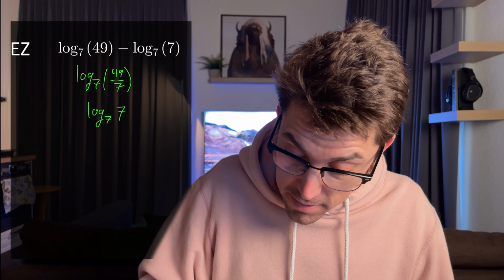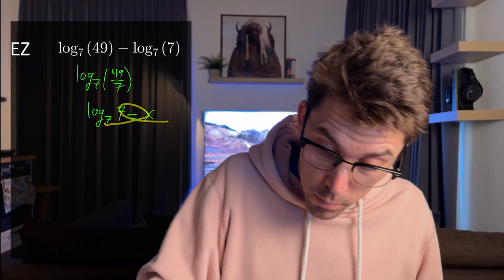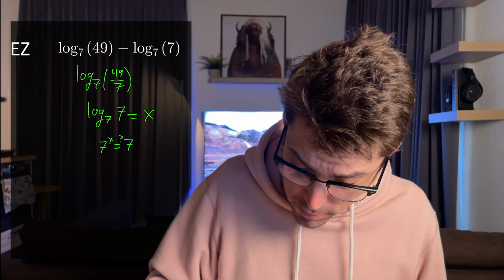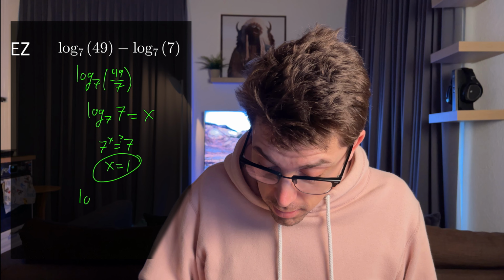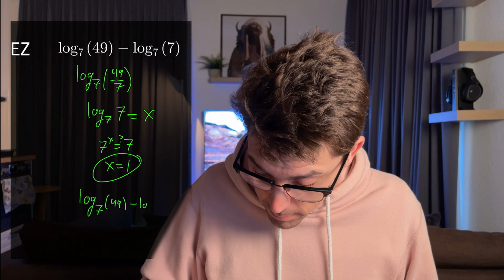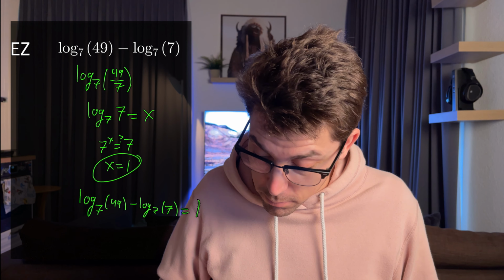Let's say that this equals x, some unknown number. Well, 7 to the power of what equals 7? It's just 1. So this whole thing, log base 7 of 49 minus log base 7 of 7, excuse my terrible handwriting, is just equal to 1.